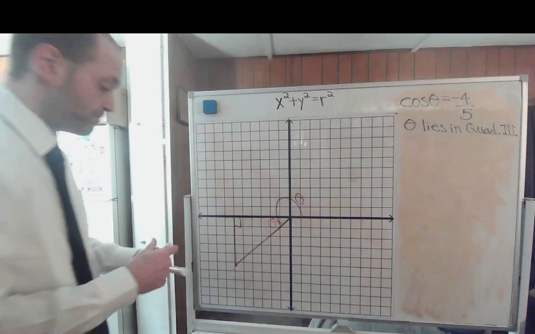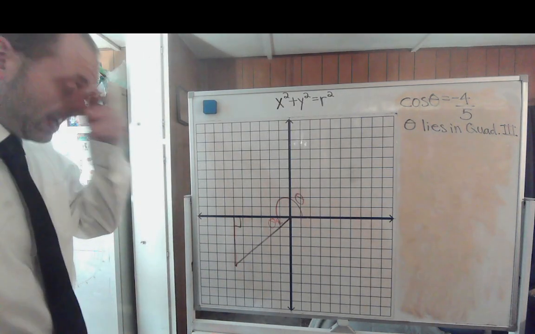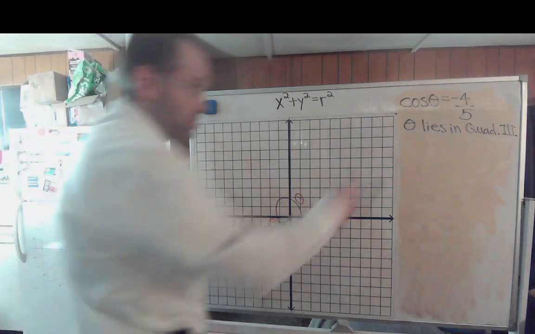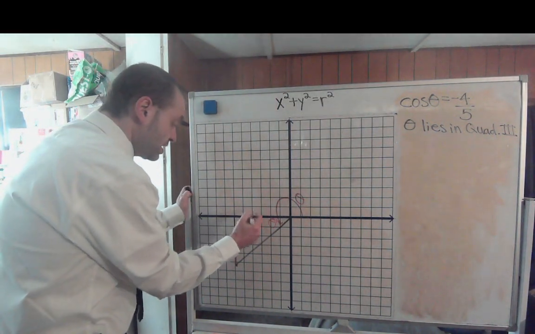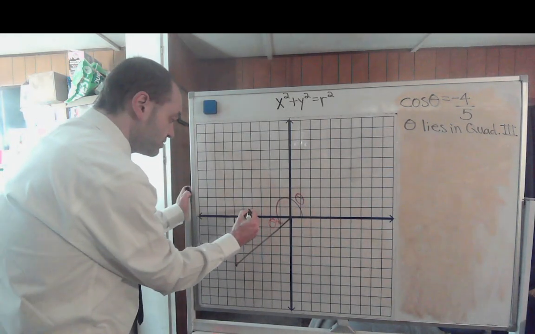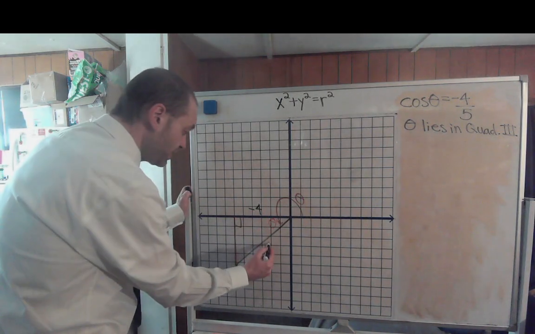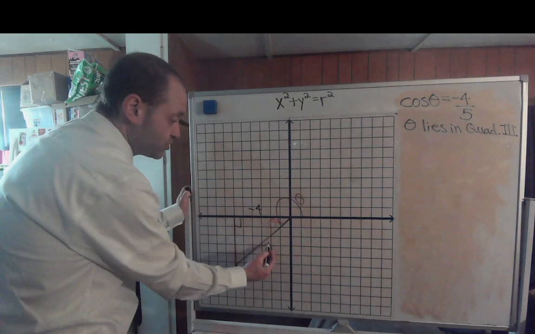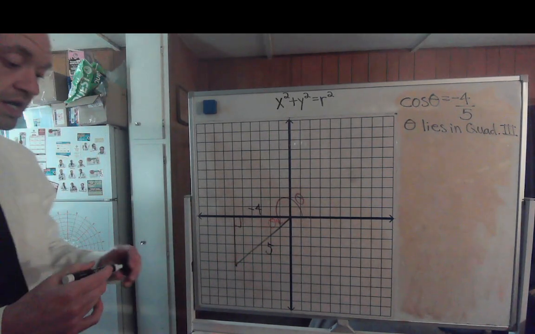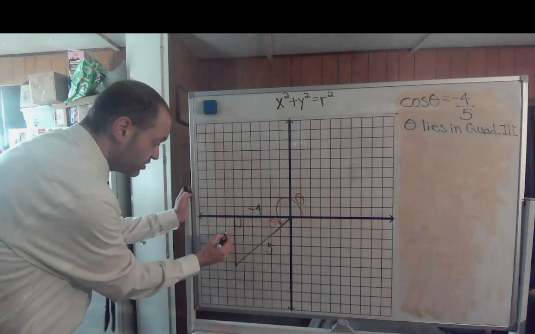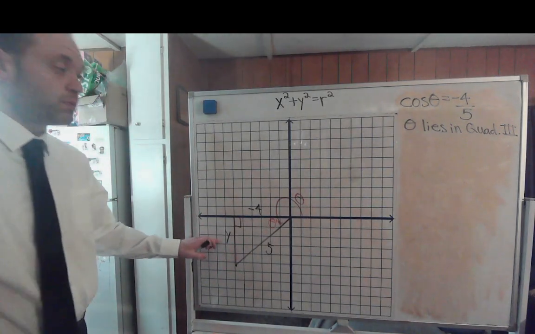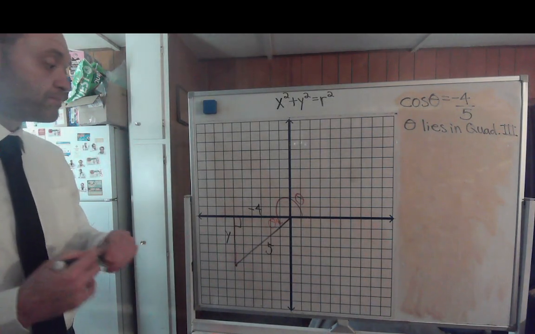They tell you that the cosine is negative 4/5, so that's adjacent over hypotenuse, so negative 4/5. That hypotenuse is your radius of 5, so we still don't know our y yet. That's what we don't know, the y coordinate.